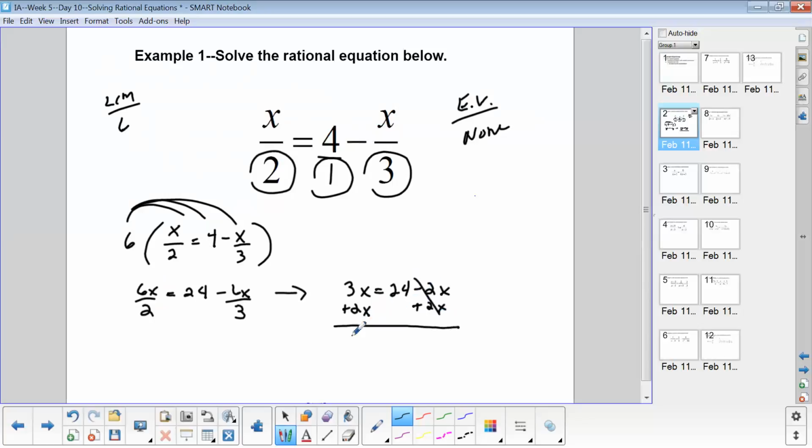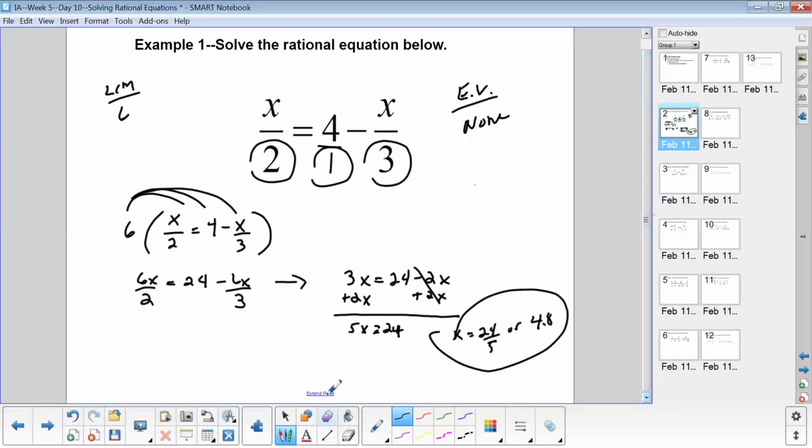I'm left with 5x equals 24. So x is going to equal 24 divided by 5, so it could be 24/5 or 4 4/5. So those would be our solutions.